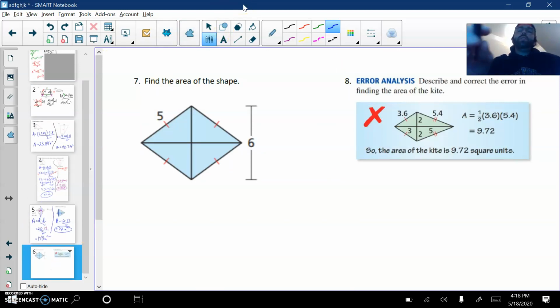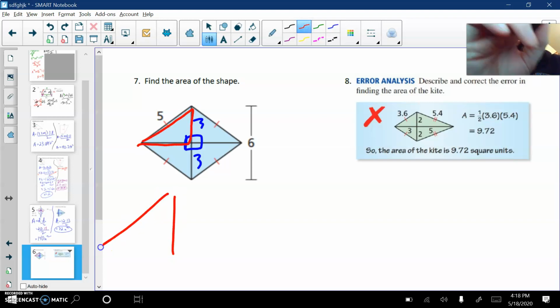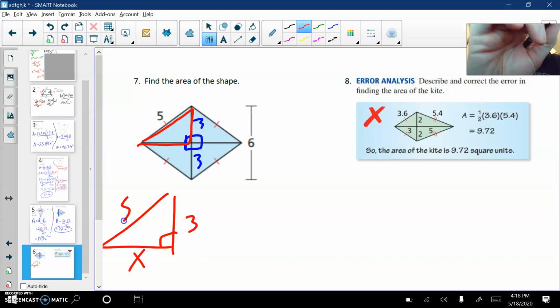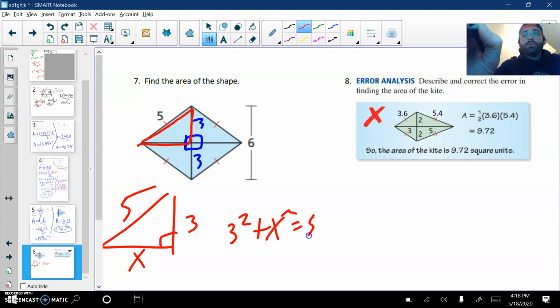Find the area of a shape. I know that all four sides are congruent, and I know that whole thing is 6, which makes each of these 3. Which shape has all four sides congruent like this? It's a rhombus. Since this is a rhombus, I know that these are right angles. Now I have a little right triangle here with 3, my x, and 5. So 3 squared plus x squared equals 5 squared.